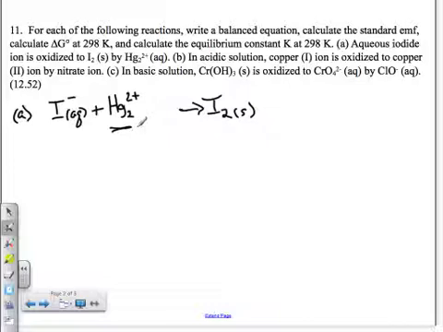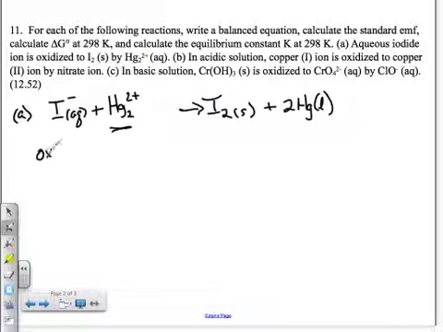So you can find it as a reduction on the potential table, and you are going to make Hg liquid. Okay? So now we're going to write our half reactions to get our balanced chemical equation. Then we'll do our EMFs off to the side as we do that.